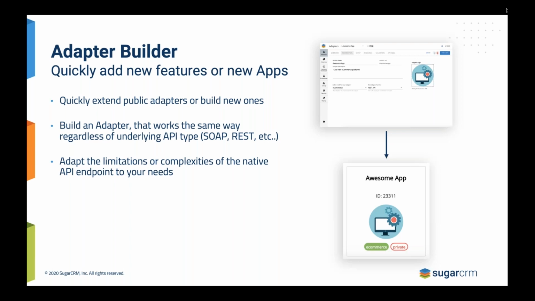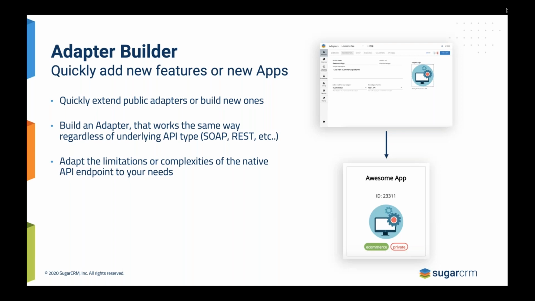And one of the features of Adapter Builder is that it can connect to any different type of end application. Every application is surfaced in a RESTful interface or RESTful API. Not all applications provide REST APIs natively. Some of them use SOAP APIs, if you're familiar with that technology, or some of them you might end up having to go directly to the database and query that in order to do an integration.